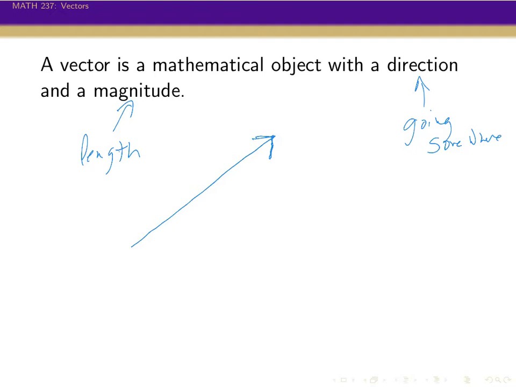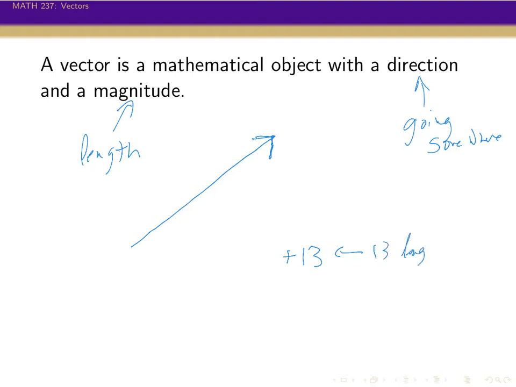Okay. If you think about regular numbers in one dimension, we can think about those as vectors as well. If we have something like 13, we're thinking about it as being positive 13. This says that it's 13 long.